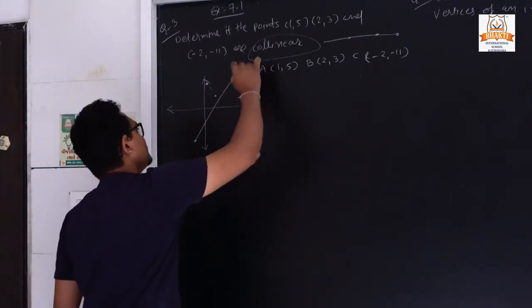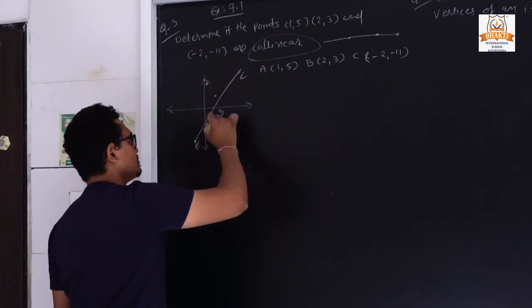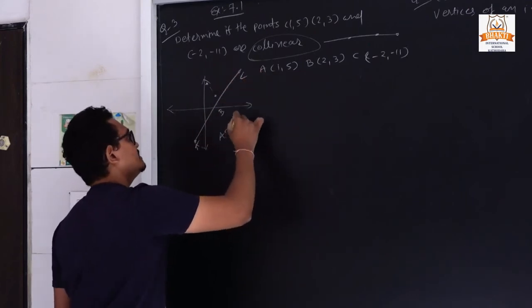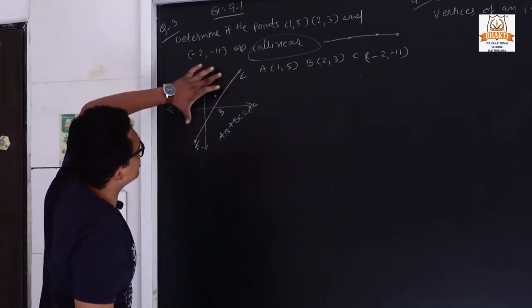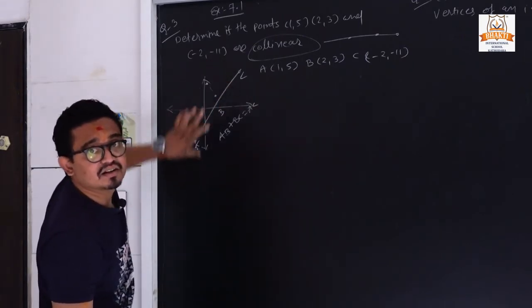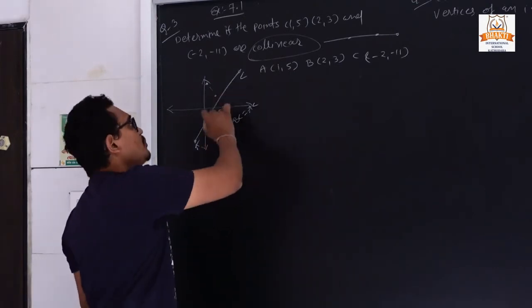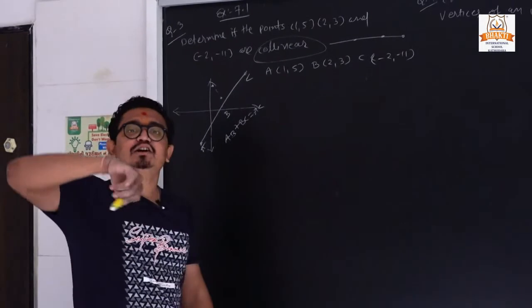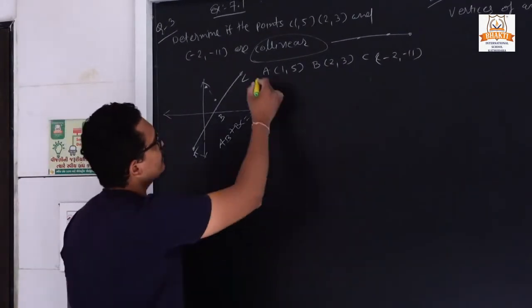Suppose these 3 points are collinear, this is A, B and C. It means AB plus BC is equal to AC. So the summation of any 2 distances will be equal to the third. Clear? First of all, we find AB.